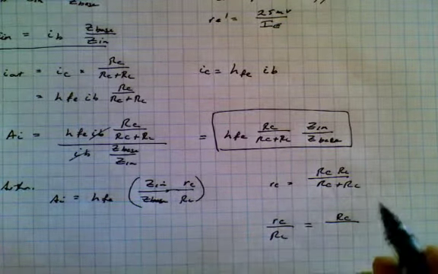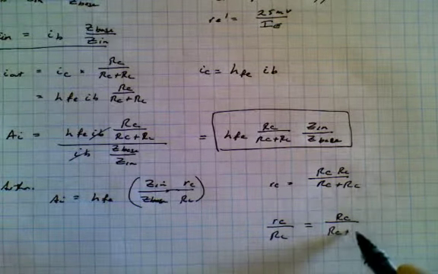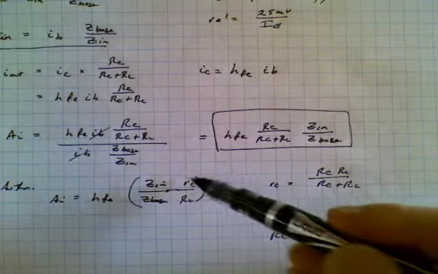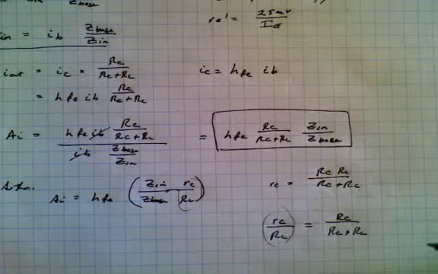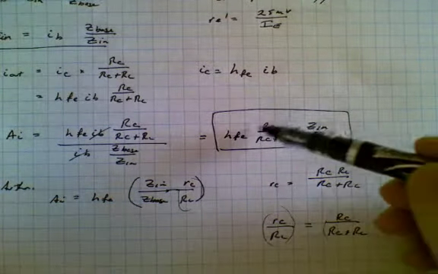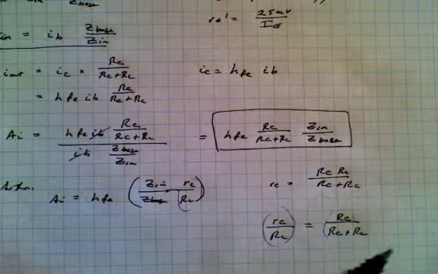This is the AC resistance of the combined one. This is just the collector resistor. And notice that the author has chosen to use this side of the expression, and the one that we ended up deriving just happens to be this side of the equation. So in fact, these two equations are exactly the same.